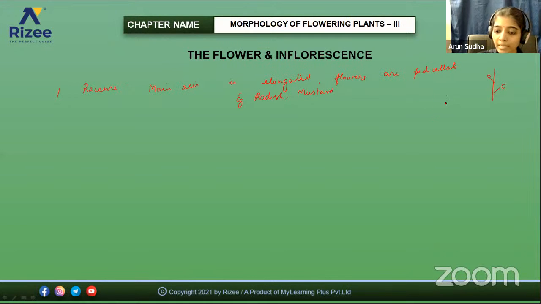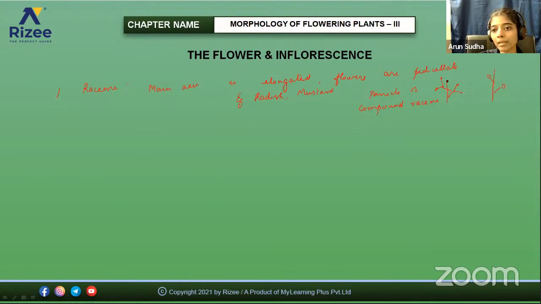In some cases, when the peduncle is branched, for example, this is the main axis and this is branched, this is called a compound raceme or panicle. This is found in NEET.